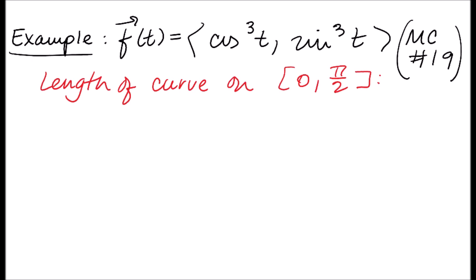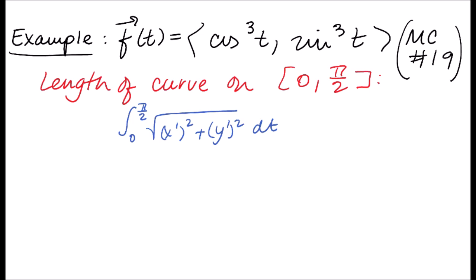Okay, so we know the formula for arc length. The formula for arc length is going to be the integral from 0 to pi over 2 of the square root of dx dt squared plus dy dt squared with respect to t. And so I need to take dx dt and dy dt.